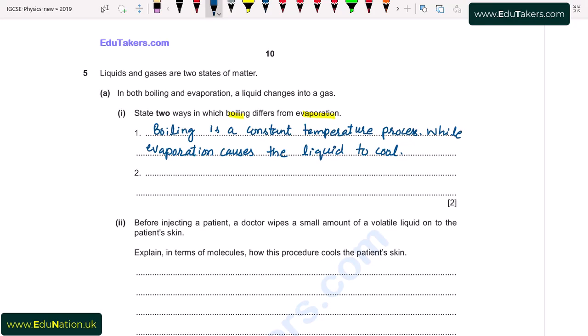I write here boiling only occurs at boiling point, while evaporation can occur below boiling point.